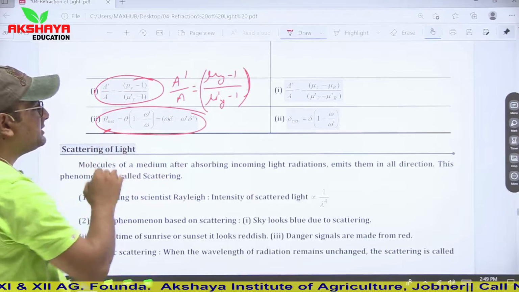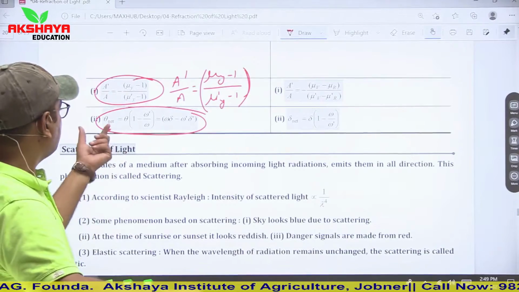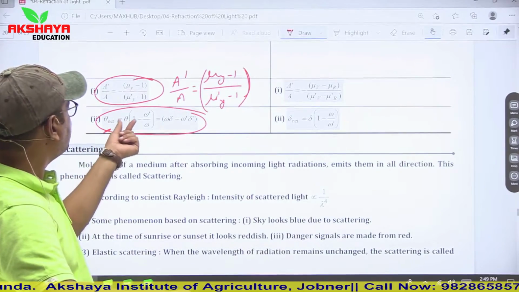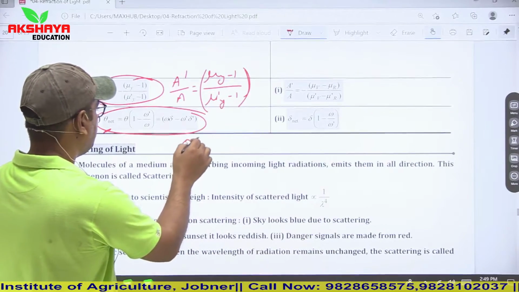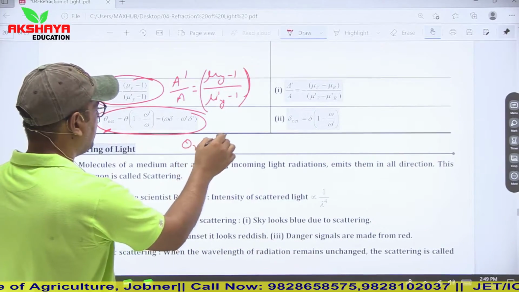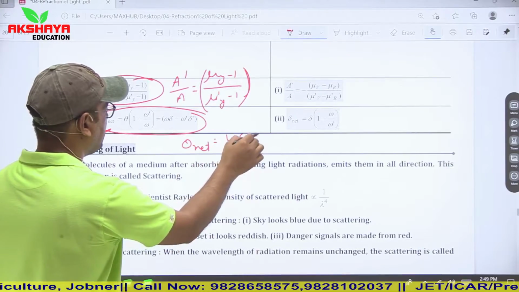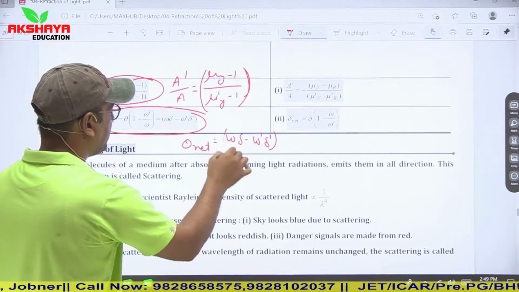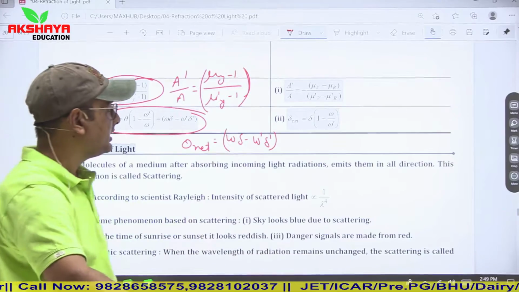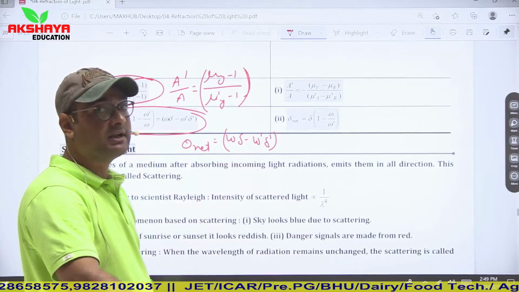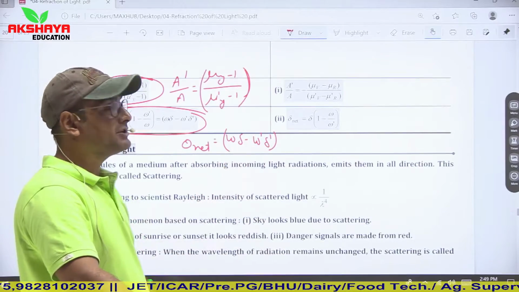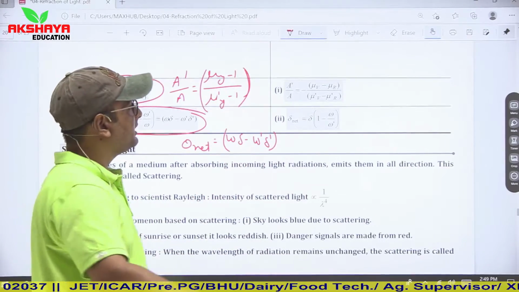Similarly, theta net means net deviation. Net deviation is theta into (1 minus omega dash upon omega), or we can say theta net is equal to omega into delta minus omega dash delta dash. Here omega is the dispersive power of one prism, delta is the deviation from that prism, and omega dash and delta dash are the dispersive power and deviation from the other prism respectively.